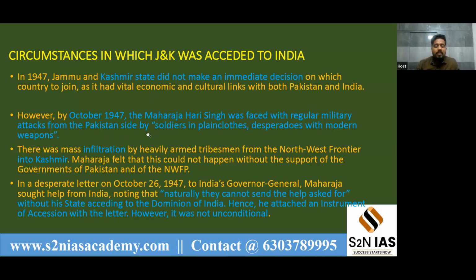If I did not accede my state to the dominion of India, they will never give me any help. Hence, he attached the instrument of accession with the letter. However, it was not unconditional. So he wrote a letter on 26th October 1947 to the Government of India, that is India's Governor General. In that letter, he mentioned some conditions. With those conditions, he merged Jammu and Kashmir with India.